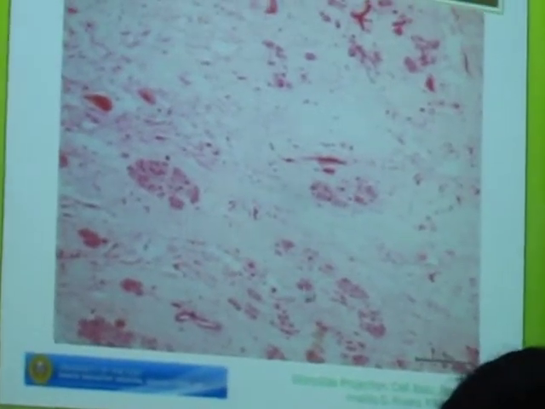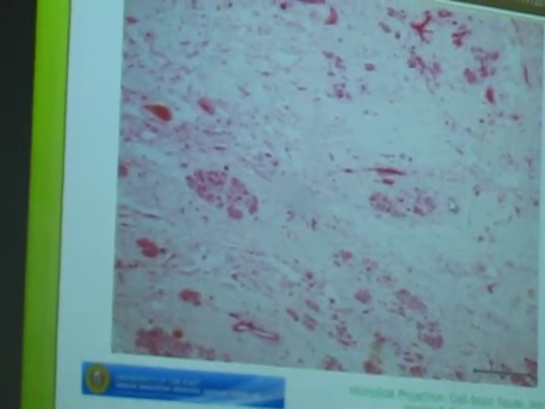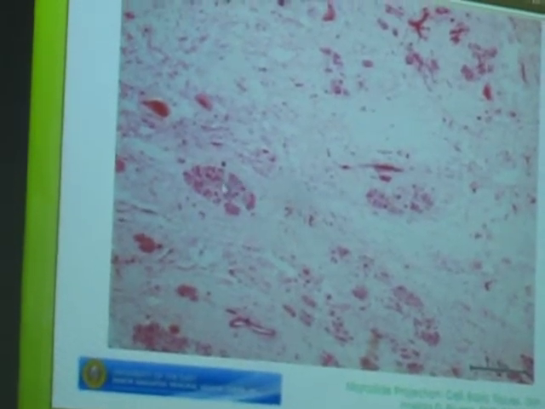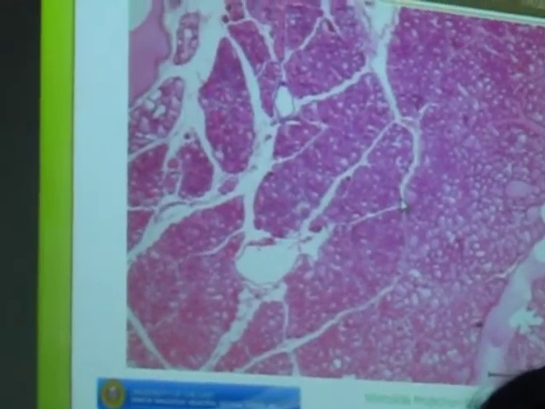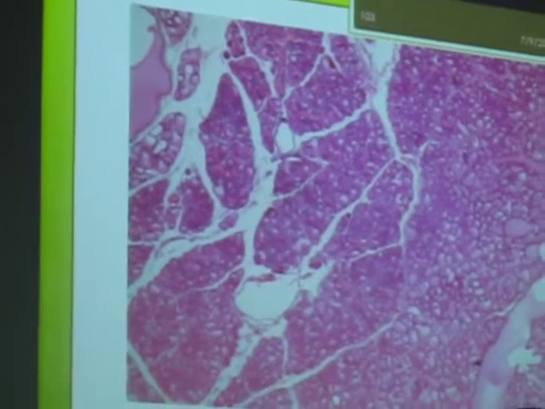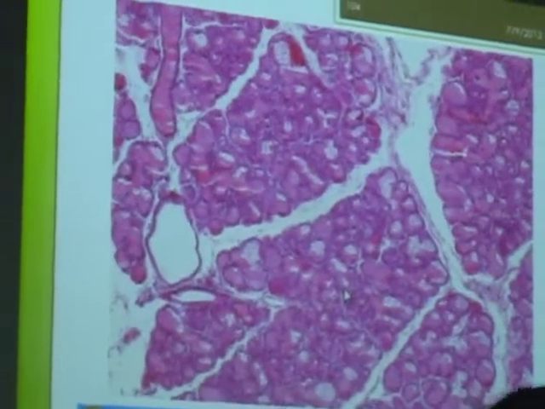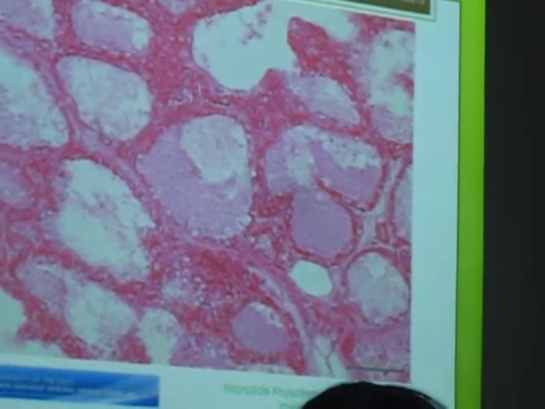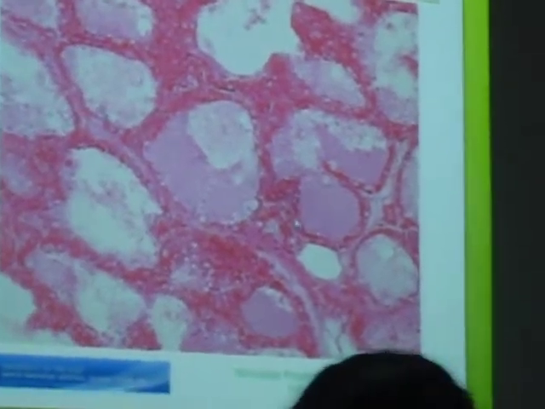Lobules of glands, your acini here. This is inactive. When it's inactive, you have more connective tissue and just a few lobules of your glands, acini.